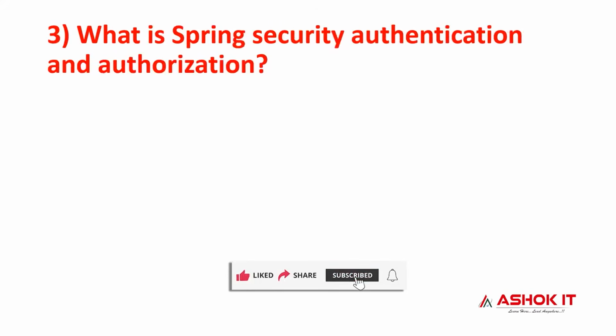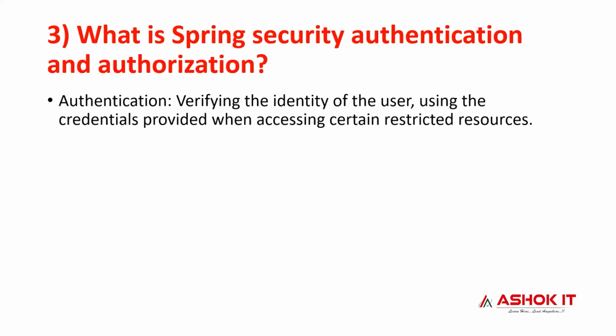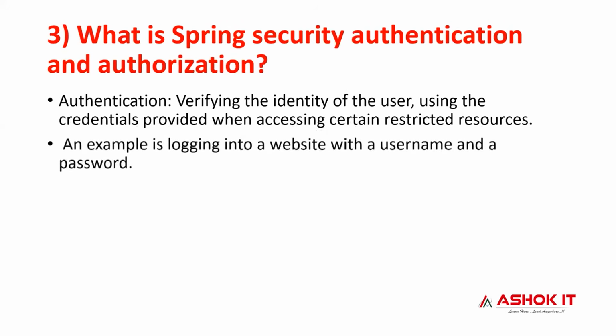What is the Spring Security authentication and authorization concept? Authentication means verifying the identity of the current user who wants to access this application. Here, the restrictions are verified using a simple username and password. It's like a login form is given. You want to access the website, then you have to enter the username and password.